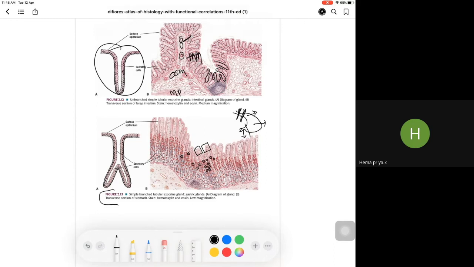Okay, and these parietal cells are seen only in the fundus and the body. So by looking at the gastric biopsy, you can see whether they are coming from the cardia and antrum or from the body and fundus. So these are parietal cells and no parietal cells in cardia and antrum.